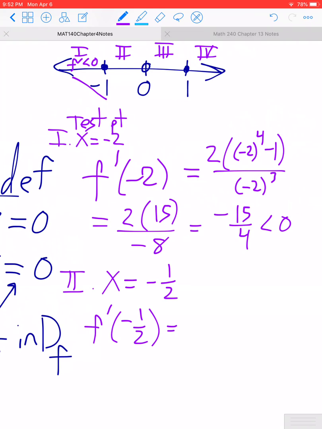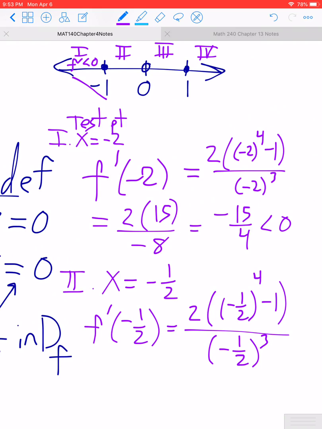This is going to be equal to 2 times (-1/2)^4, which would be +1/16. +1/16 minus 1 would be -15/16. In the denominator, we get (-1/2) to the 3rd power, which would end up giving us -1/8.